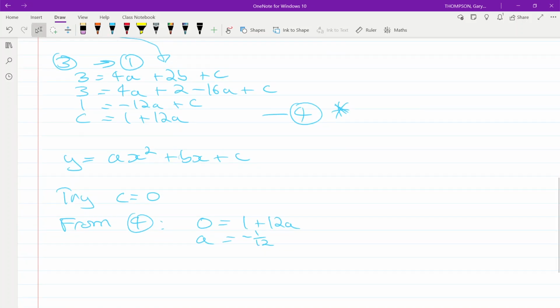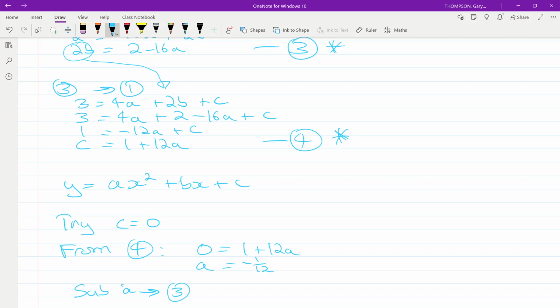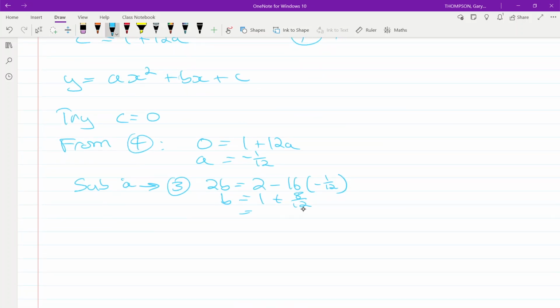Then I substitute a into the other key equation, which is 3. That tells me 2b is equal to 2 minus 16 times minus 1/12, because I substitute in the a value. So 2b is equal to 2 plus 8 on 12, which is equal to 20 on 12.